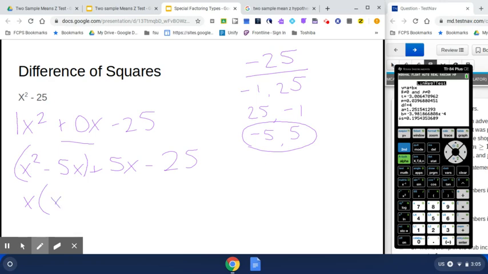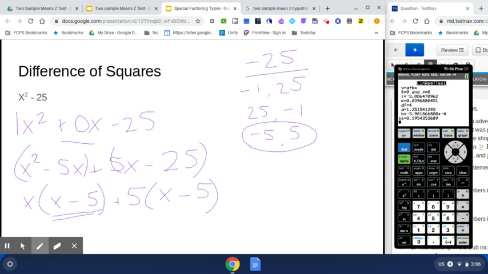X times x would make x squared, and x times negative 5 would make the negative 5x. The second set, I'm going to factor out a positive 5. So 5 times x would make 5x, and 5 times negative 5 would make negative 25.